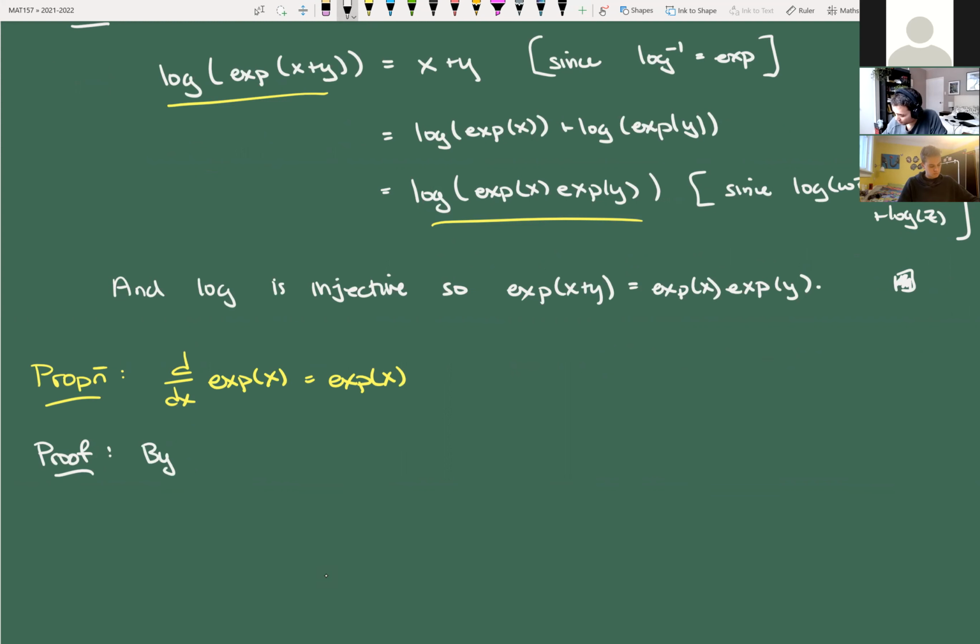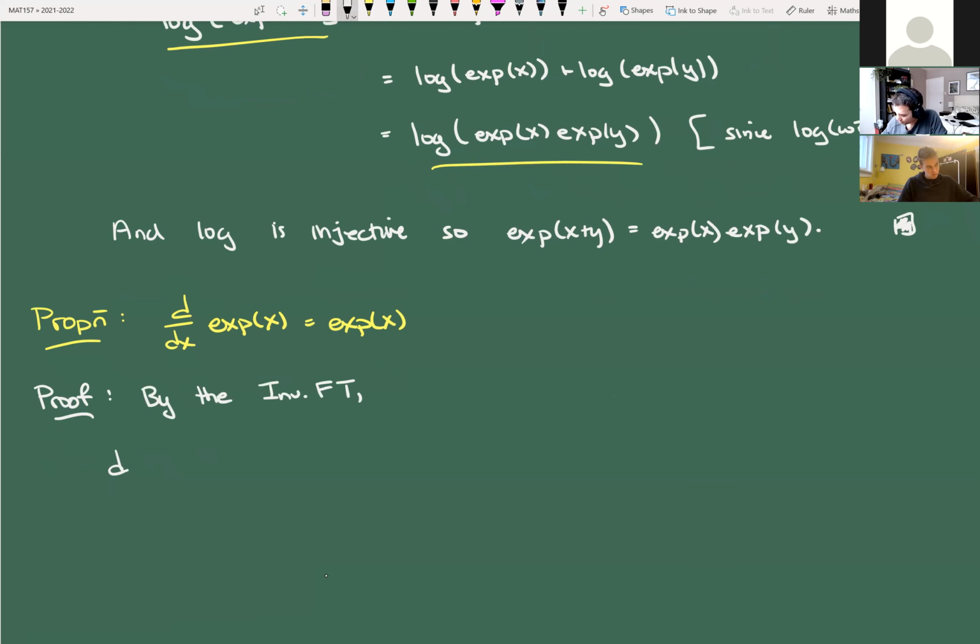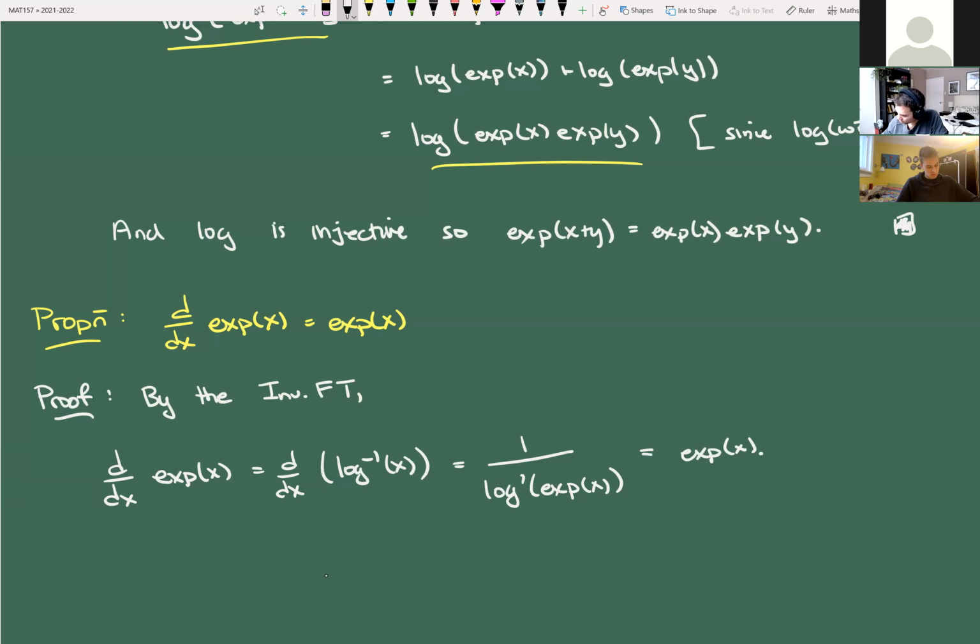By the inverse function theorem, the derivative of the exponential function, that's the same thing as the derivative of log inverse, right? And by the inverse function theorem, we have this formula, which is 1 over log prime of exp of x. Log prime is just 1 over x, so that just gives us exp of x, and we're done.